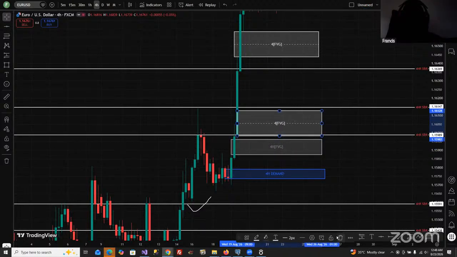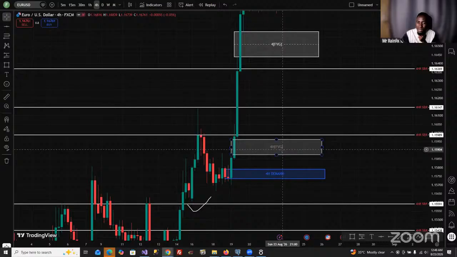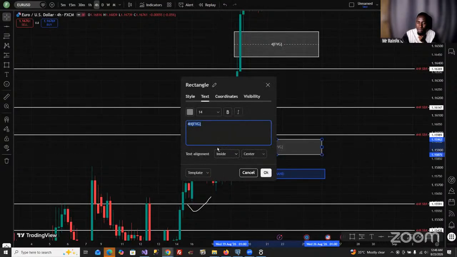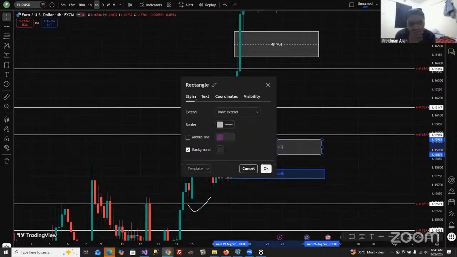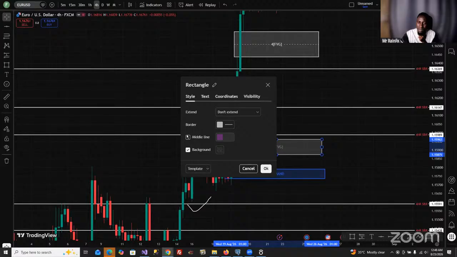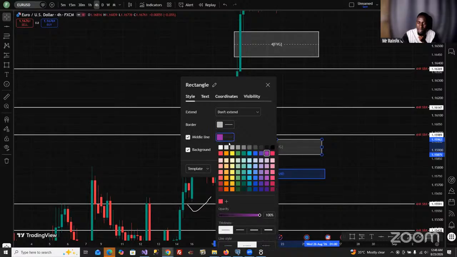Just delete that, double click on this one. Just go to style, then activate midline. Click that, check. Yeah, like that. That one is good.